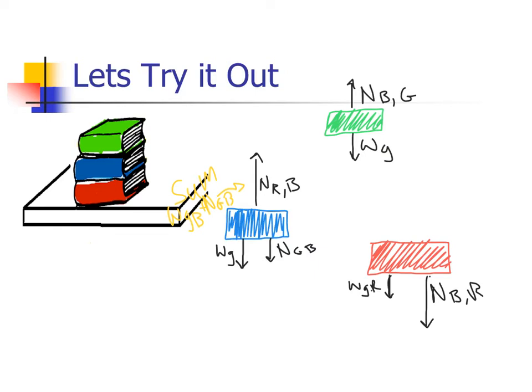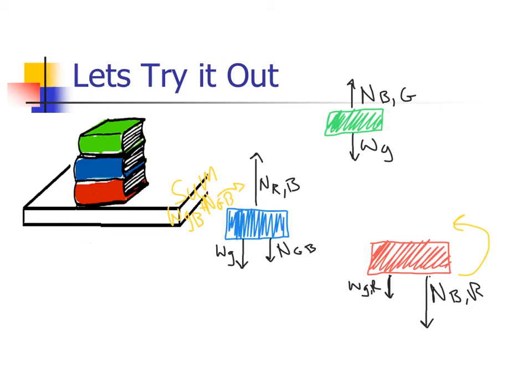And so it would be on the red book, again, because we're talking about the red book. Now, the up arrow, the normal arrow of the tabletop, should be the sum of these two forces again, but in the opposite direction.